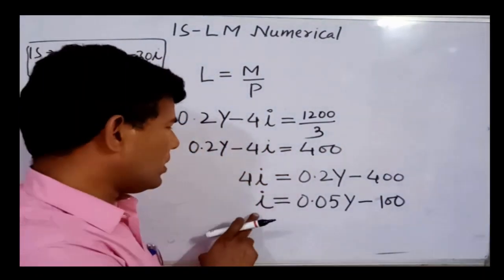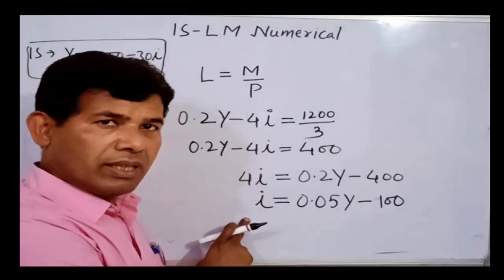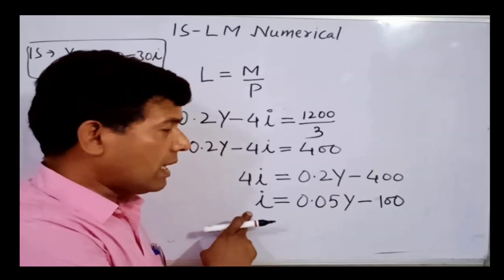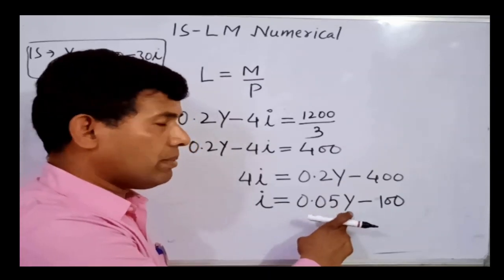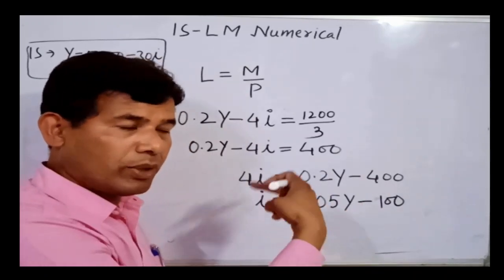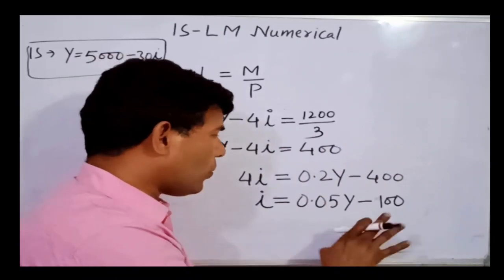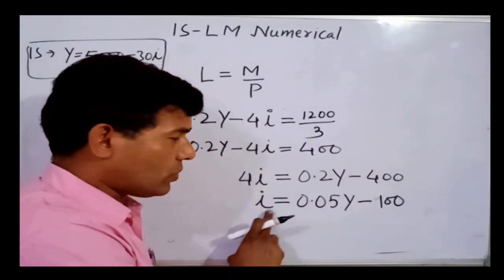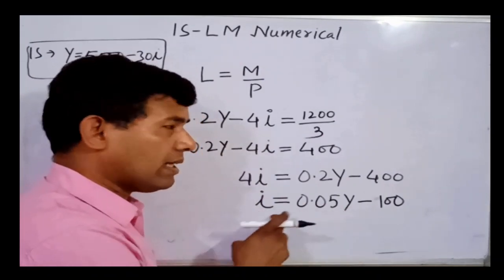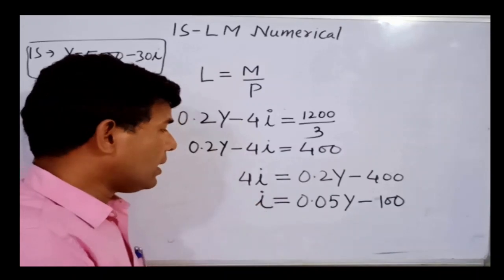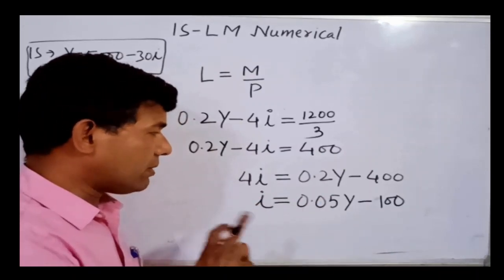Now here I have got the equilibrium interest rate, but to calculate the equilibrium interest rate, I must know the equilibrium level of income, right? Assuming that the money market is dependent upon the goods market. So we get here an equation which shows a positive relationship between interest rate and income. That is what you find in the LM curve. There is a positive relationship between interest rate and income.